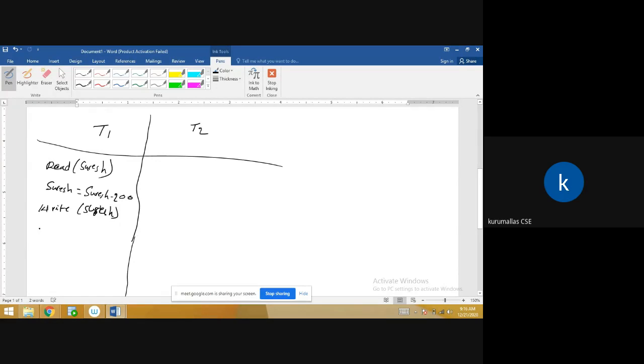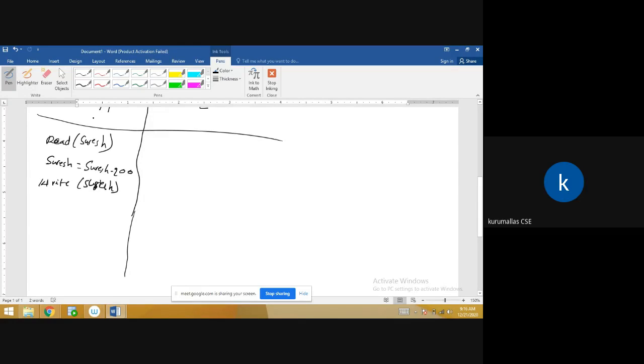Next, in the same transaction, the 200 rupees decremented from Suresh account is credited to Raja account. Before crediting, we read Raja's account, and Raja equals Raja plus 200 rupees.